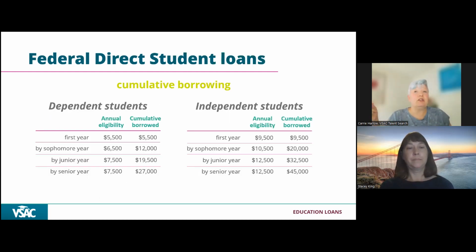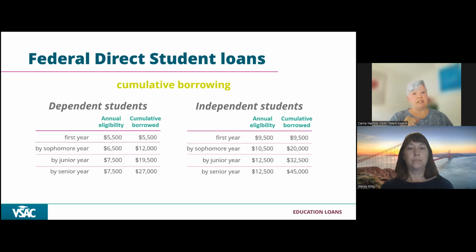I mentioned we were going to talk about not only cumulative borrowing, but also the amounts per year. So we have dependent students on the left and independent students on the right. Independent students have the ability to borrow more. Let me just tell you the maximum amounts of the subsidized loan. The first year, it's $3,500. The second year, it's $4,500.